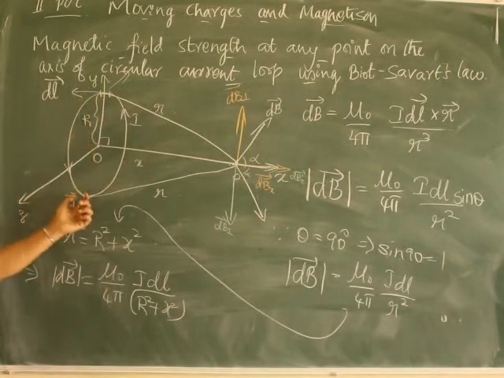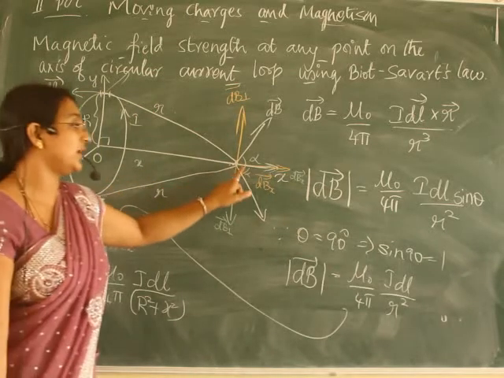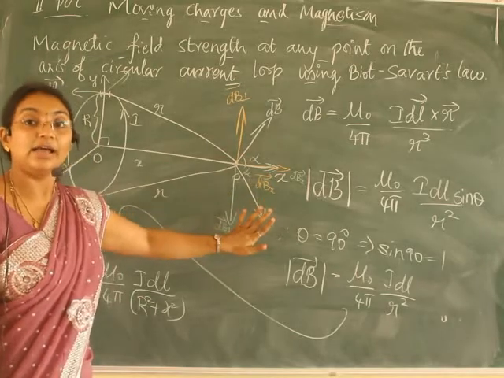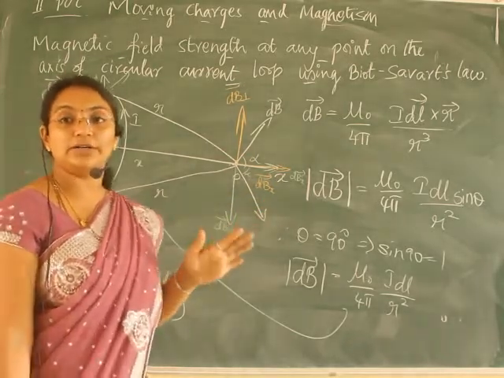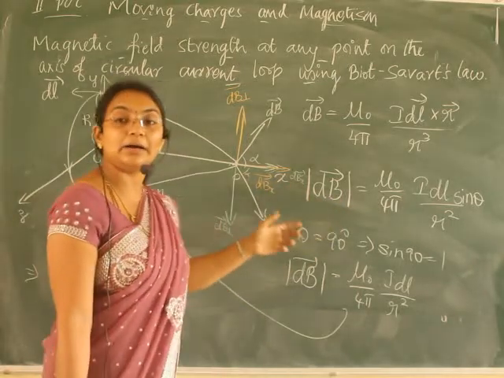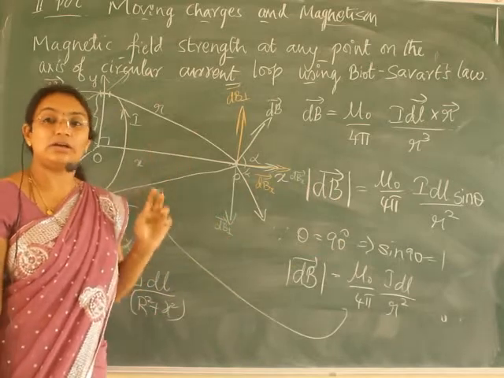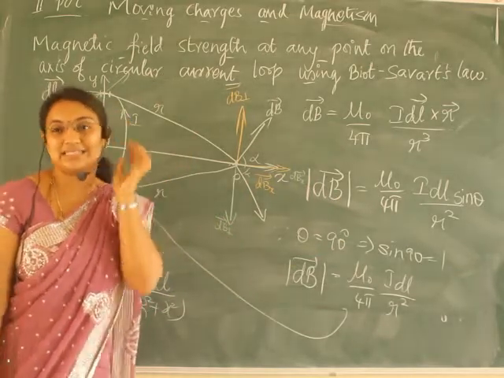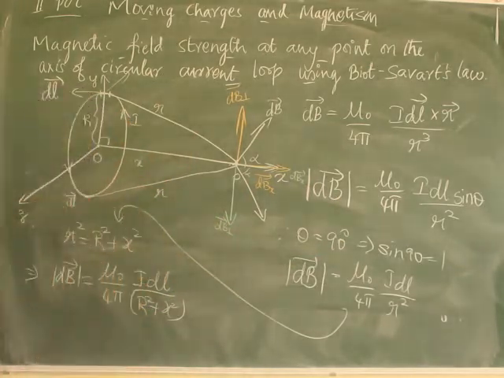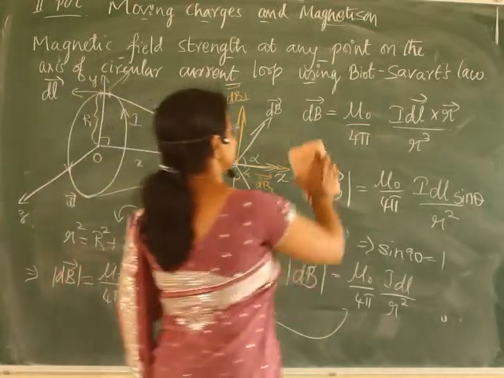Exactly diagonally opposite, of the same length, the element we are considering for this same point, when we get the magnetic field, again that magnetic field can be resolved into two components, correct? So along the x-axis it will get added up, whereas along the y-axis the resolved components will be cancelled out because they are equal and opposite in direction. So what is that net contribution? Net contribution is only along the x-axis.